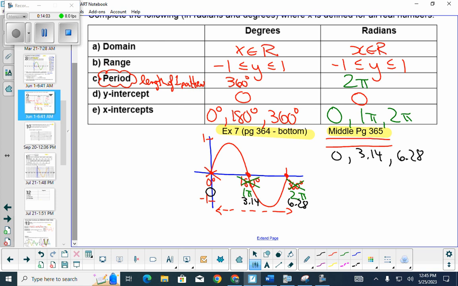Those are the x-intercepts. So in radians, okay, let me relate this to something that I hope you understand. 3 1/3 is like saying 10 over 3. 3 1/3 and 10 over 3 are the exact same thing. They both mean 3.3 repeating. Mixed fraction, improper fraction, okay? 1 pi, 2 pi is what we call exact radian. 3.14, 6.28 is what we call approximate radian because it's a decimal.